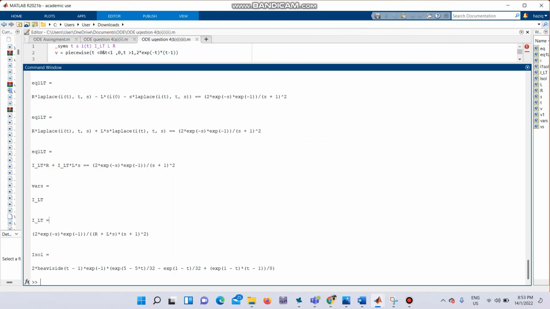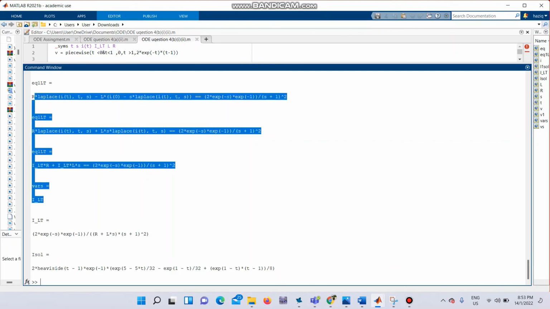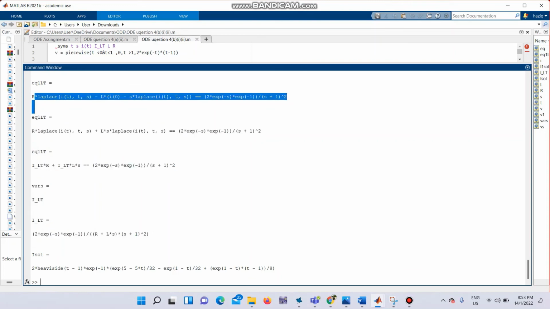So referring to the output, all the outputs that we get are similar to the manual calculation that we made. And that's all. Thank you.